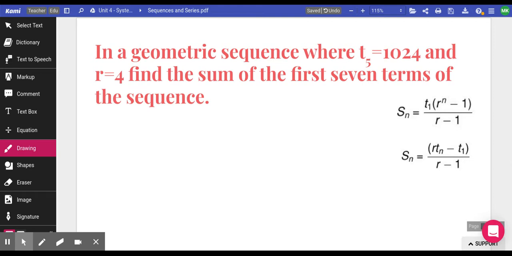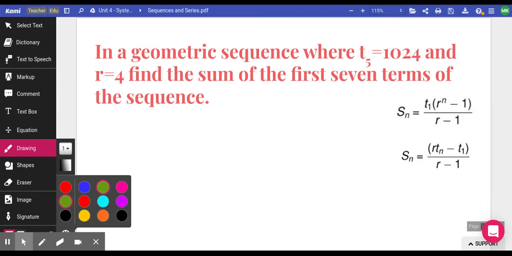So it says, in a geometric sequence where t of 5 equals 1,024 and r equals 4, find the sum of the first 7 terms. Okay, to be able to do this, you're going to have to choose one of these two formulas. The first formula requires you to know t of 1, requires you to know r, and requires you to know n.